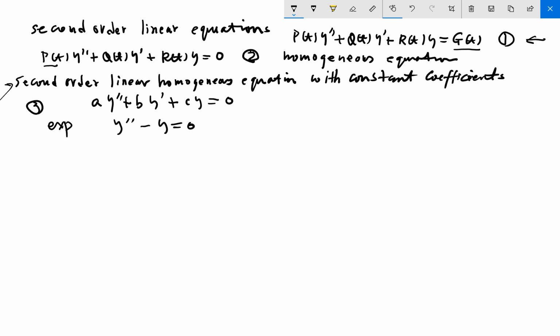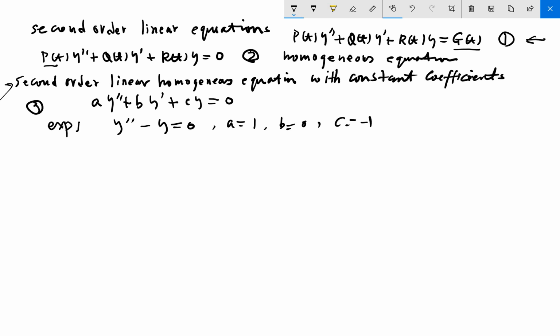Obviously, in this example 1, this equation is linear homogeneous with constant coefficients, where a is 1, b is 0, and c equals minus 1, right?